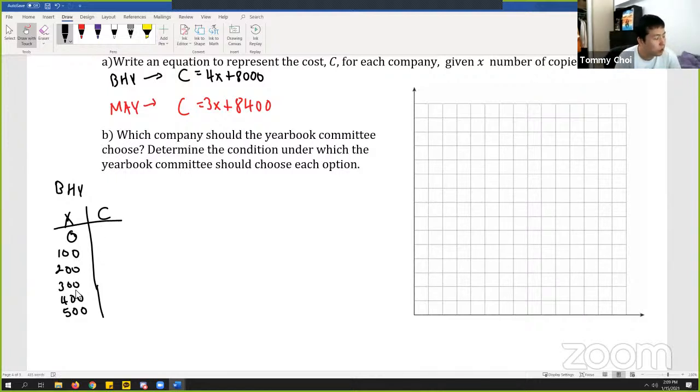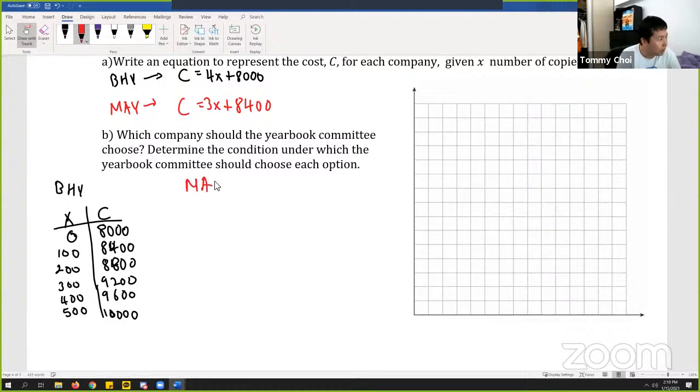So we have 100, 200, 300, 400, 500. We start off for BHY at 8,000. That's our initial value. So at 100 copies, 4 times 100 would be 400, plus 8,000 would be 8,400. And then it would continue on, 8,800, 9,200, 9,600, and $10,000.